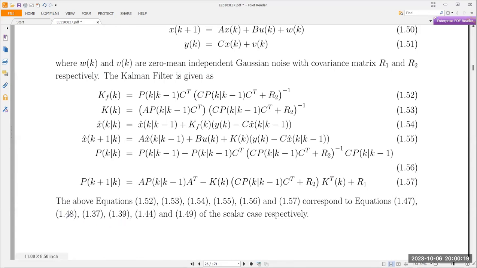You look at 48, it is 53. I just collect them all together here, and this is what people call the Kalman filter.